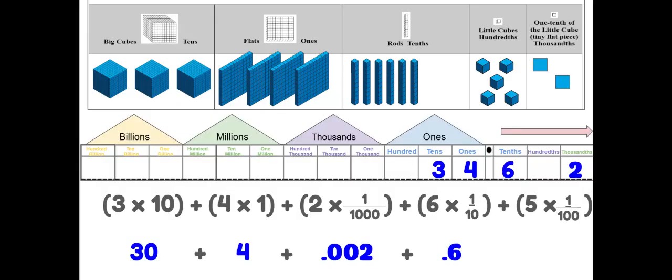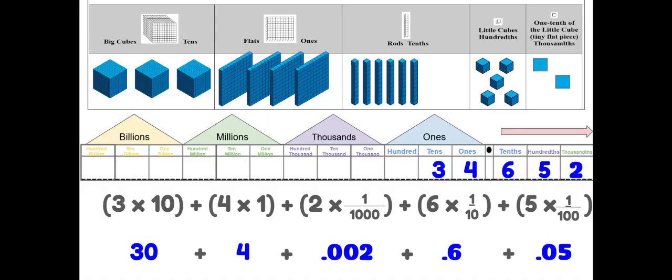The way we would write 5 groups of hundredths as a decimal is 0.05. And the way we would put this in our place value chart is that the digit 5 is going to go in a decimal place, and it's going to go in the hundredths.